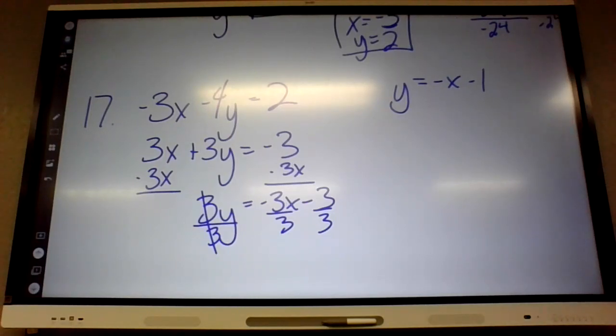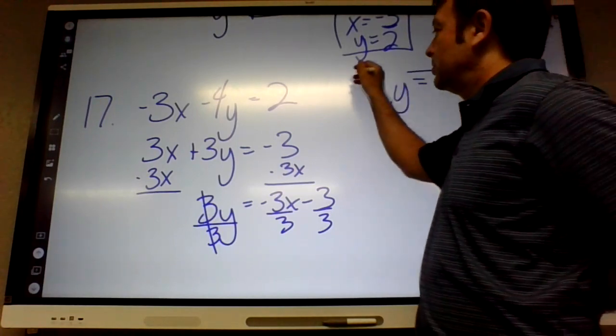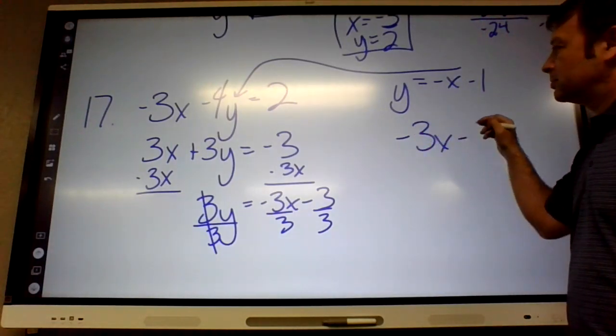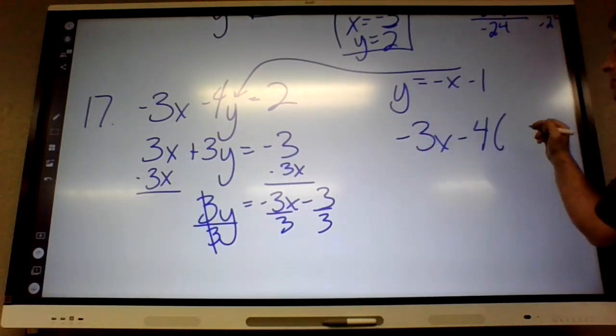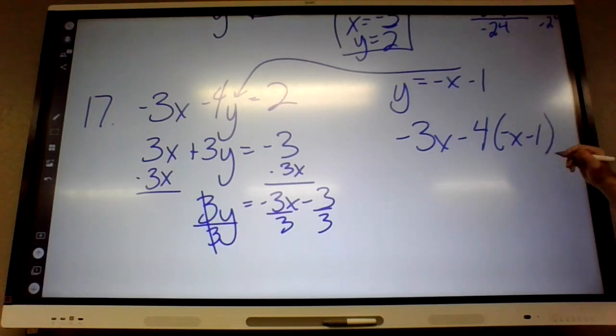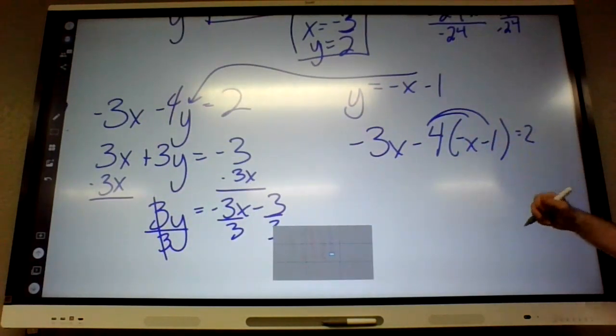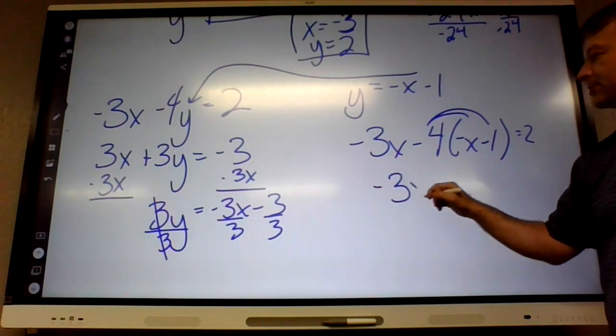Okay, so Shelby, what will the top equation become? Negative 3x minus 4 parentheses negative x minus 1 equals 2. All right, distributive property, don't forget to distribute the minus with the 4.